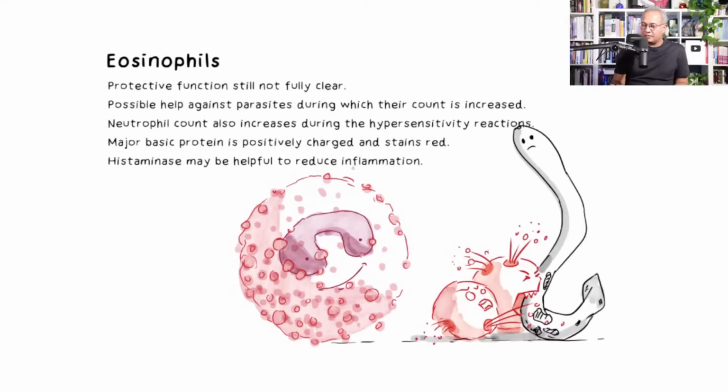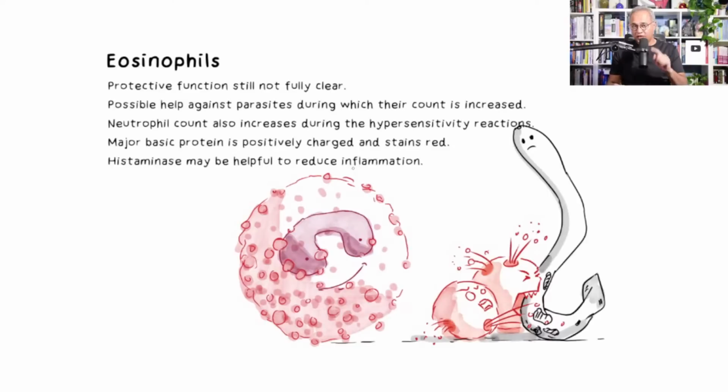Now, as much as we know, and it is generally said that eosinophils help against protozoas or the worms, it's actually not fully known that that is exactly the function they are supposed to perform. Eosinophils' actual protective function is still not clearly elucidated. We still do not actually know it.